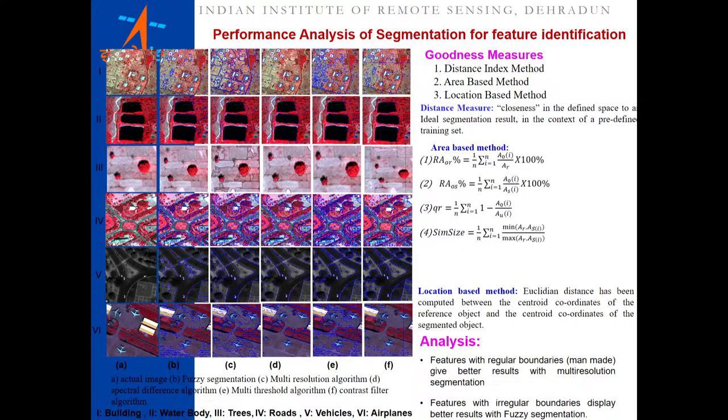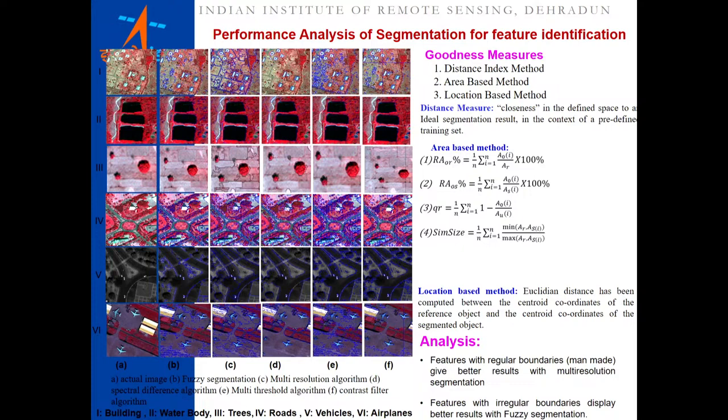So the conclusion was that the features with regular boundaries, that is man-made features, will give better results in the multi-resolution segmentation, and features with irregular boundaries are most likely to display better results with the fuzzy segmentation.